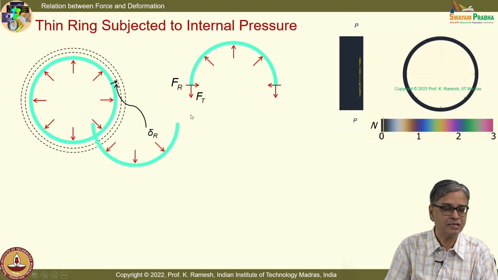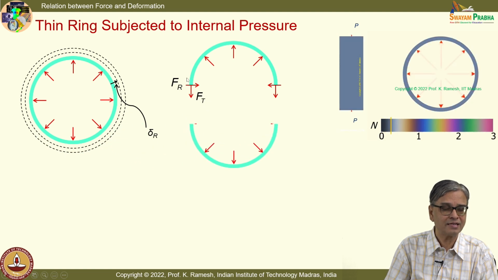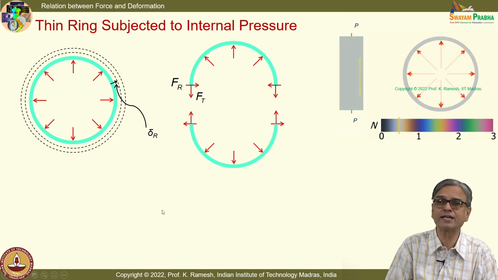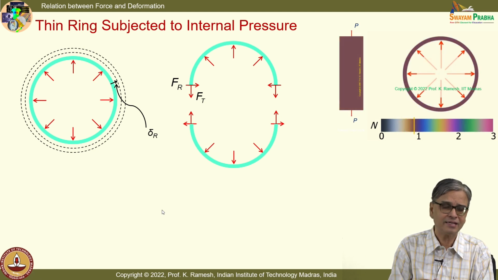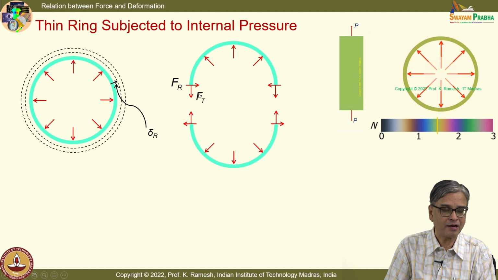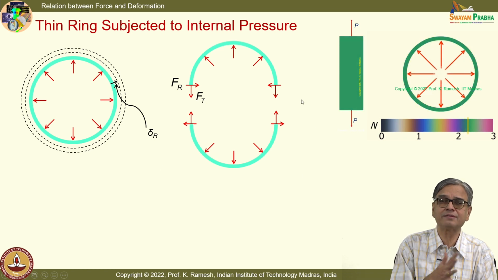So, I have shown that in general, I can have a force and a moment and all that. Now, for simplicity, I am considering only two forces. One is F T and another one is F R. Fine. And if I look at this, we have been talking about symmetry.